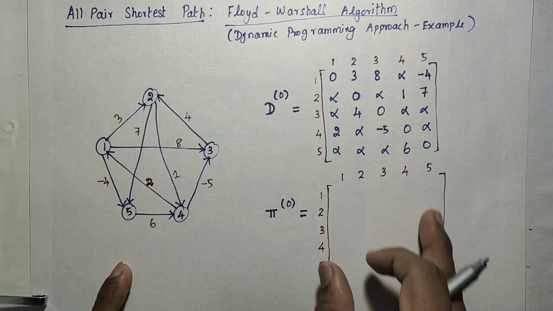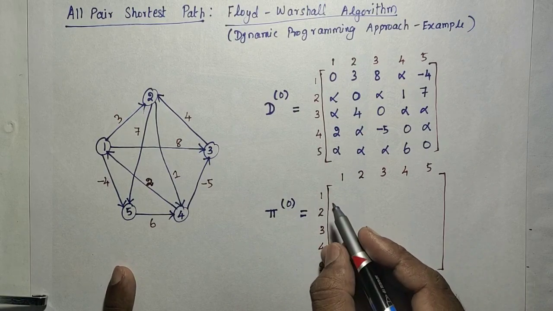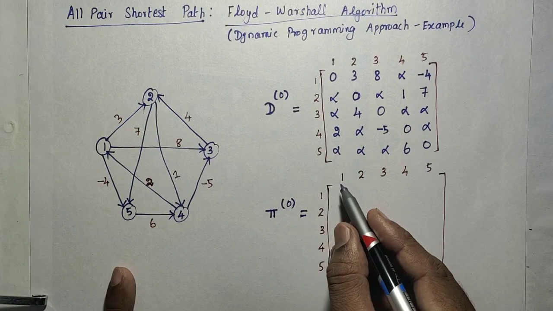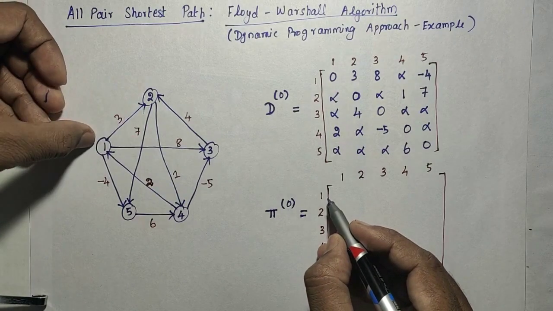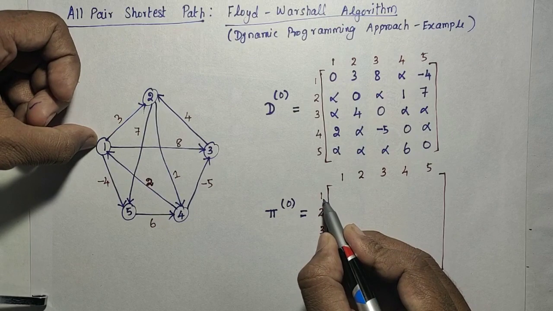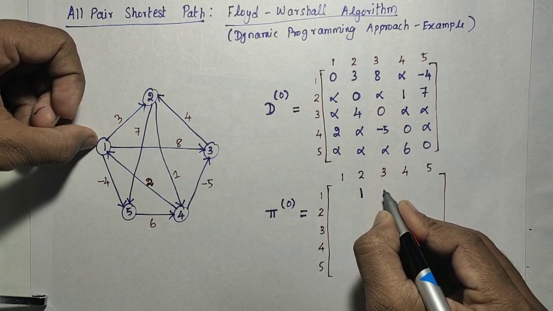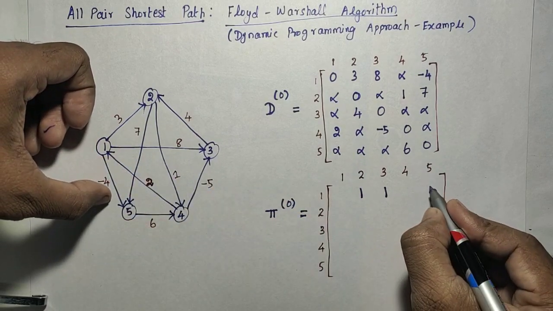Initially, for example, 1 to 2 is there, so for 1 to 2, 1 is the parent. For 1 to 3, 1 is the parent, and for 1 to 5, 1 is the parent.